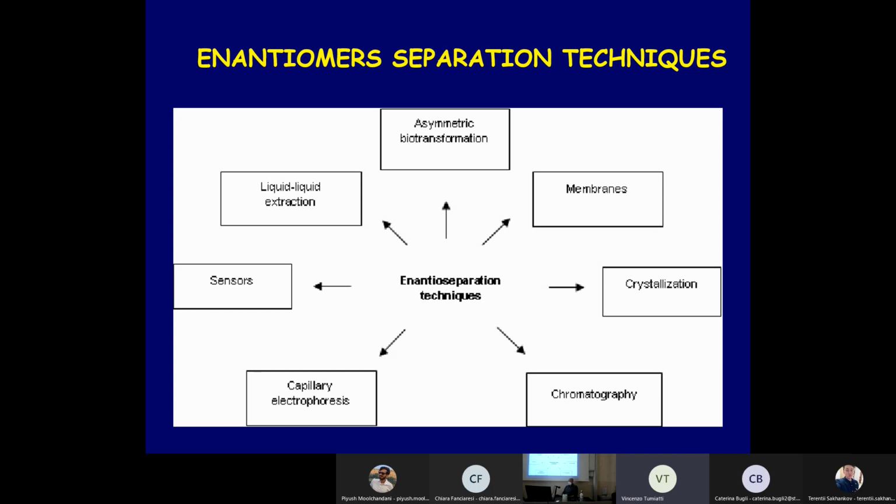You know, less expensive compounds, not time consuming, and so on. So normally this type of workup, the separation of specific enantiomers, is related to research experiments, but sometimes there are several drugs on the market which need the presence of only one enantiomer.